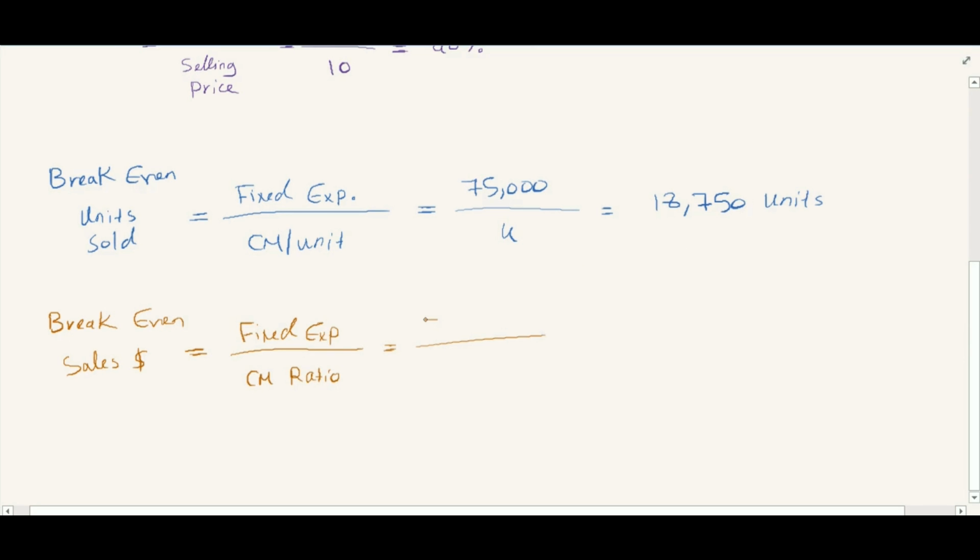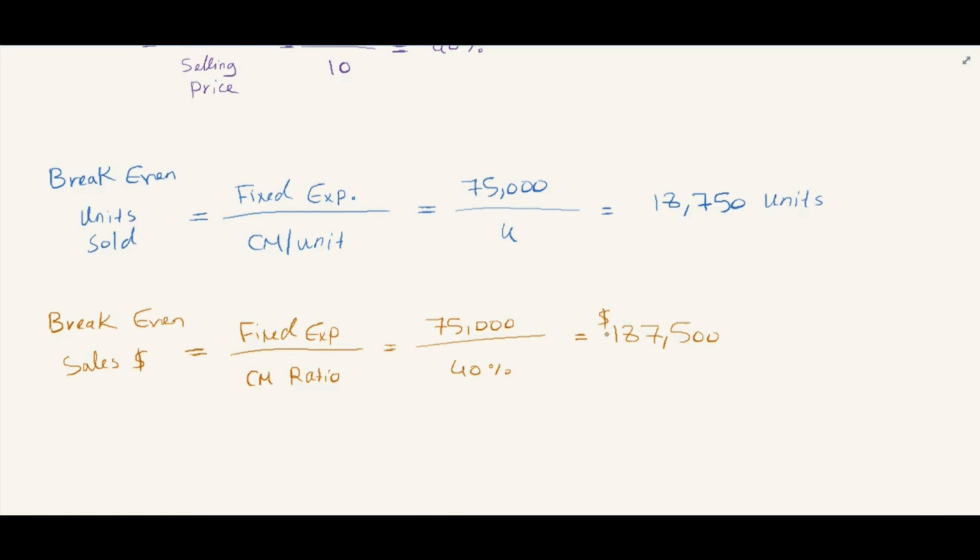So 75,000 in fixed expenses divided by the CM ratio of 40%, and if you do the math, that will give you $187,500. So the company has to make total sales of $187,500 in order to break even.